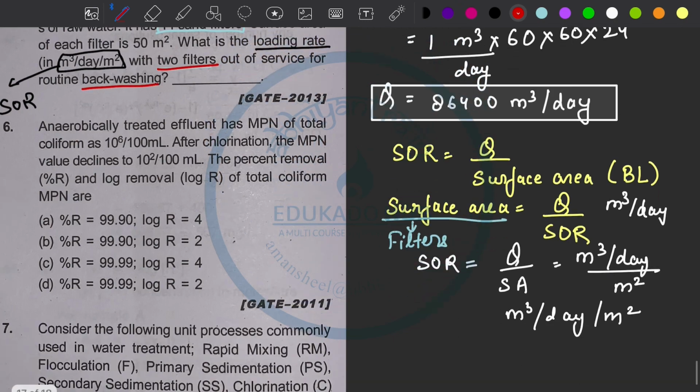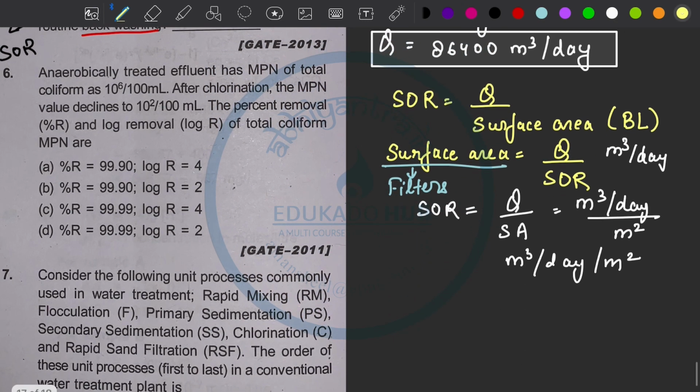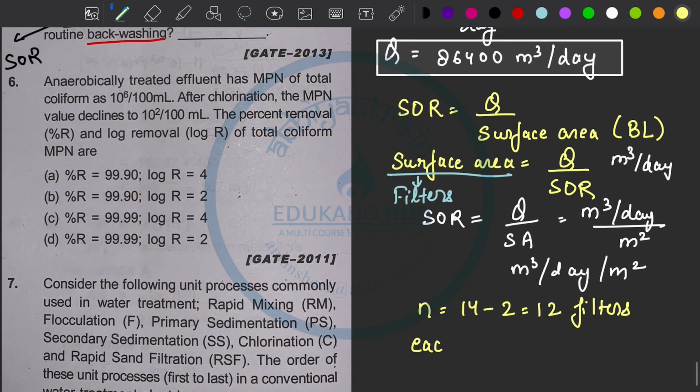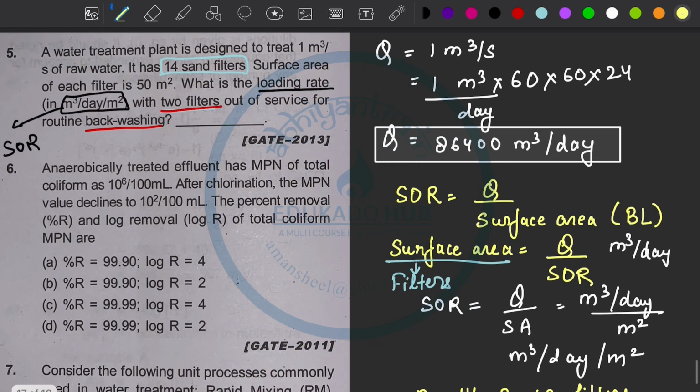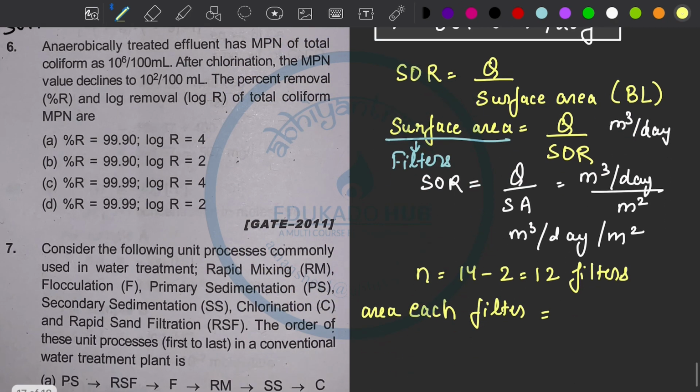So the number of filters in use is 14 minus 2. At any time it is 12 filters, right? And for each filter, what is the area? Area of each filter is given as 50 meter square.